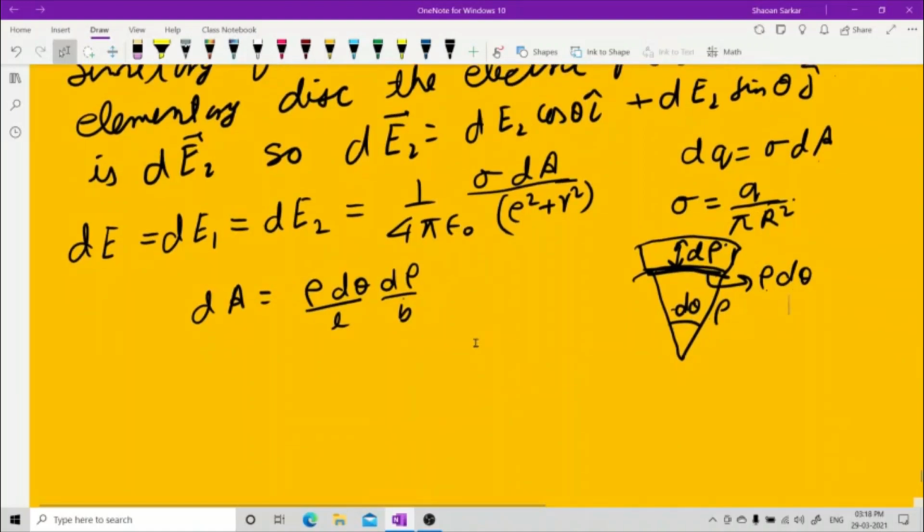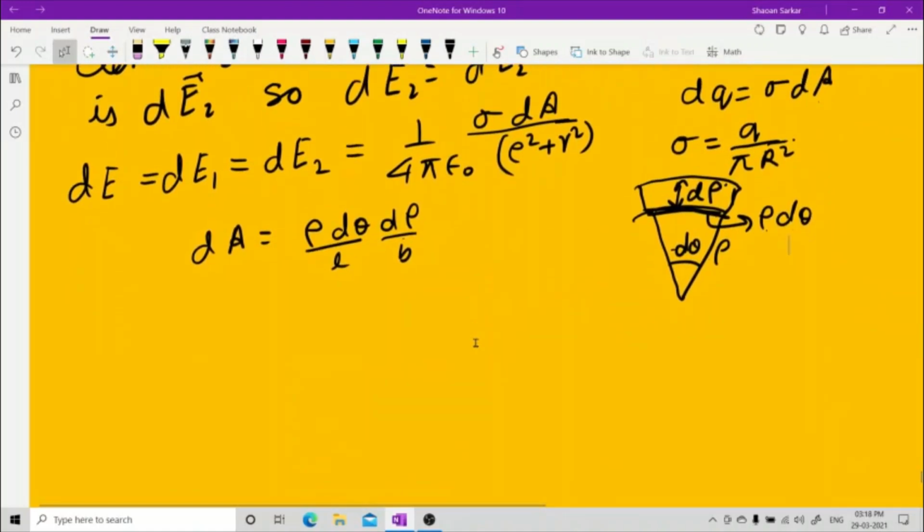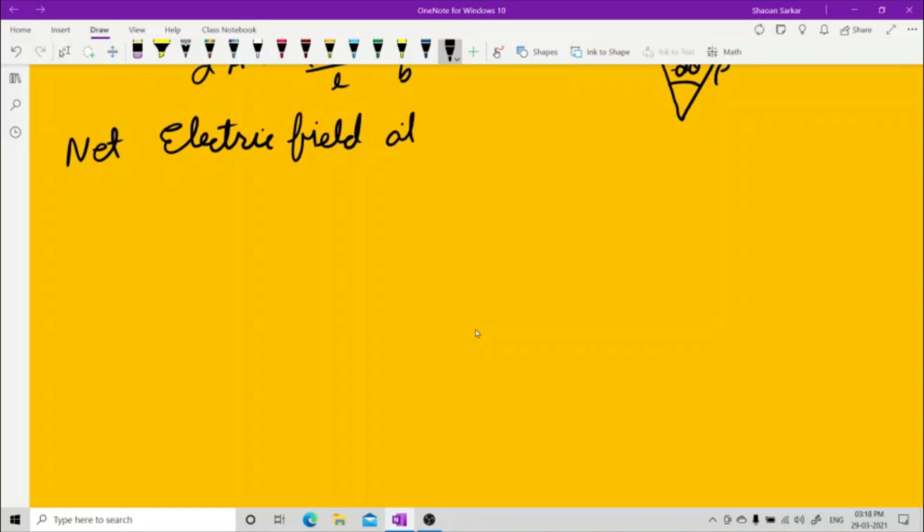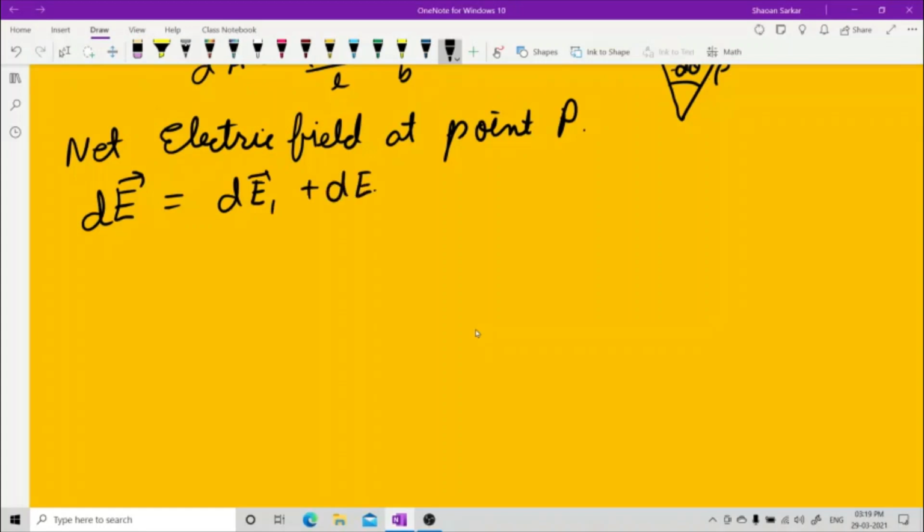Now let us calculate the net electric field at point P. We need to find the net electric field at the point P. Now you see, dE vector is dE1 vector plus dE2 vector.